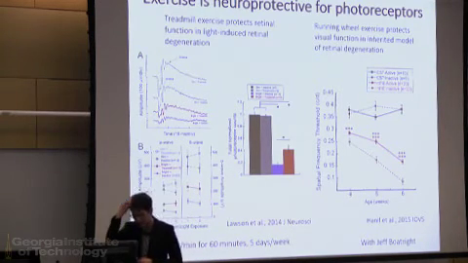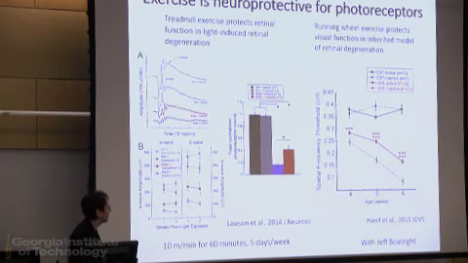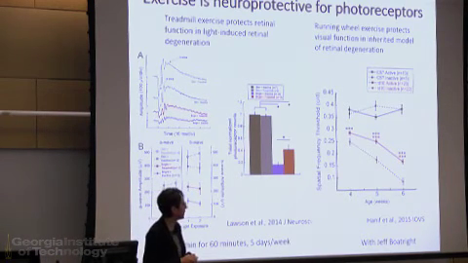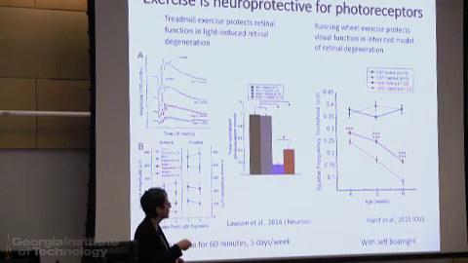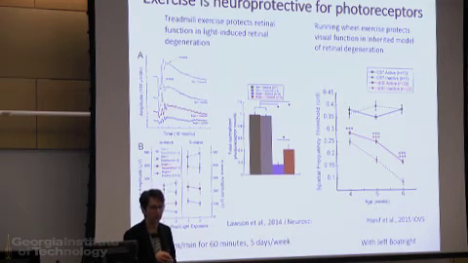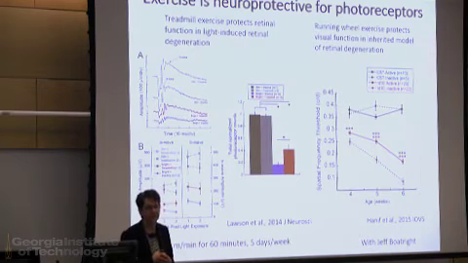Now, one of the things I'd like to point out here, too, that may be important, if you're not so familiar with visual loss, is you might think, well, we don't care if there's only this much function. We really want this function. We want to be right back to normal. And patients only are going to care if they are normal. And that's not the case.